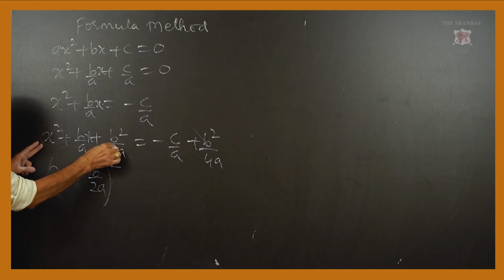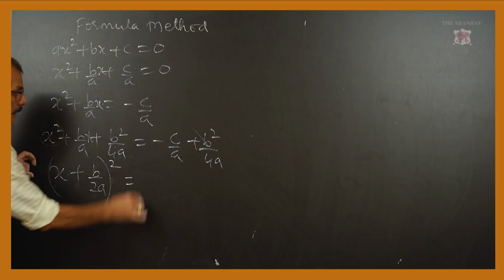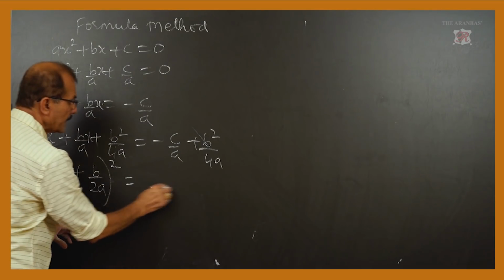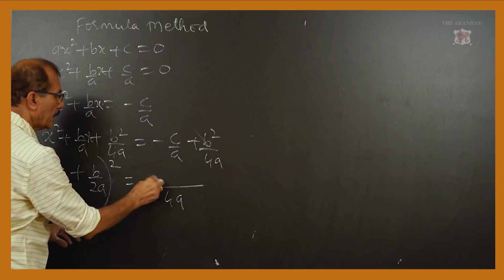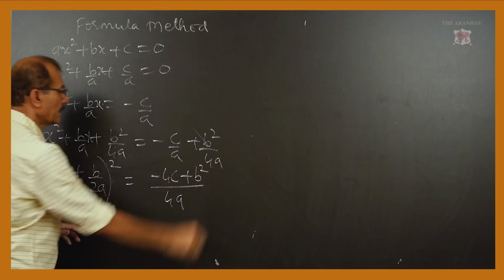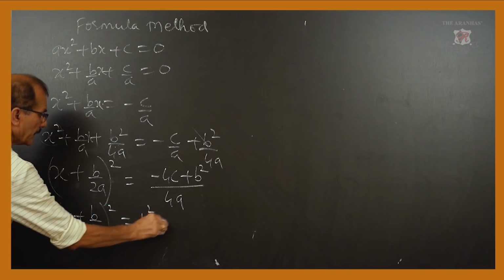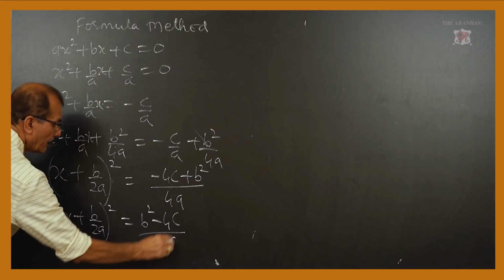So this binomial is equals to, what is the LCM here? 4a square. You get how much here? 4ac plus b square. So, x plus b upon 2a bracket square is equals to b square minus 4ac upon 4a square.